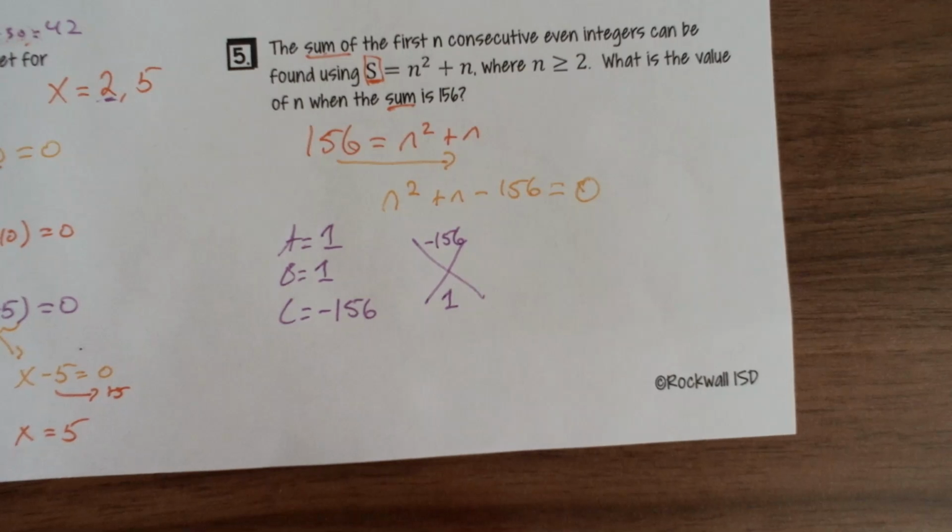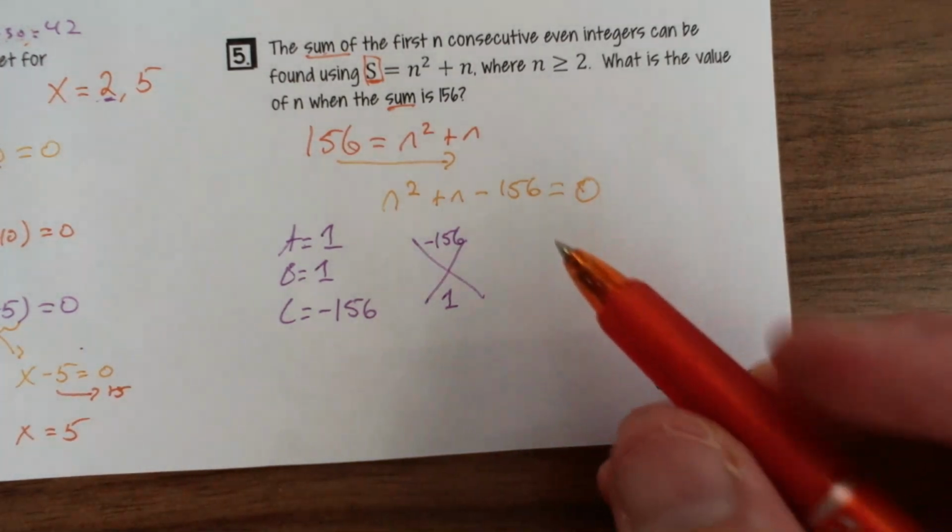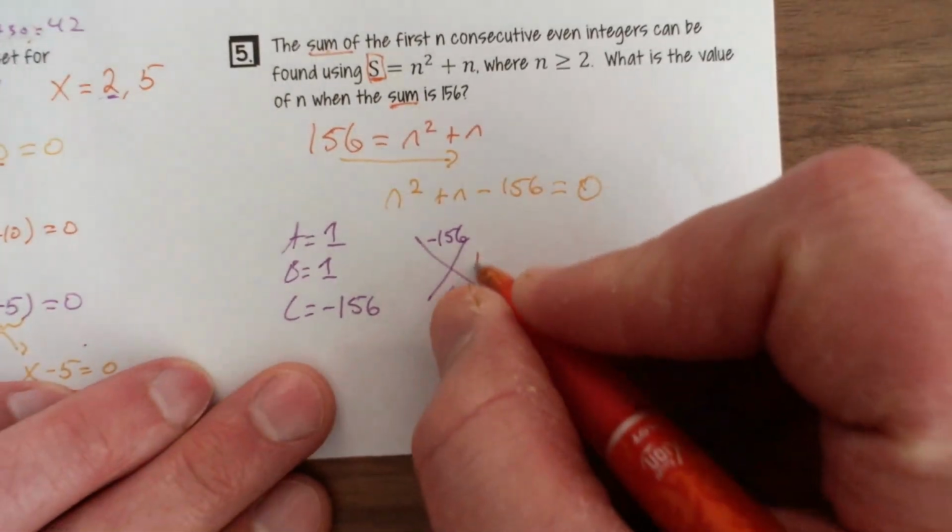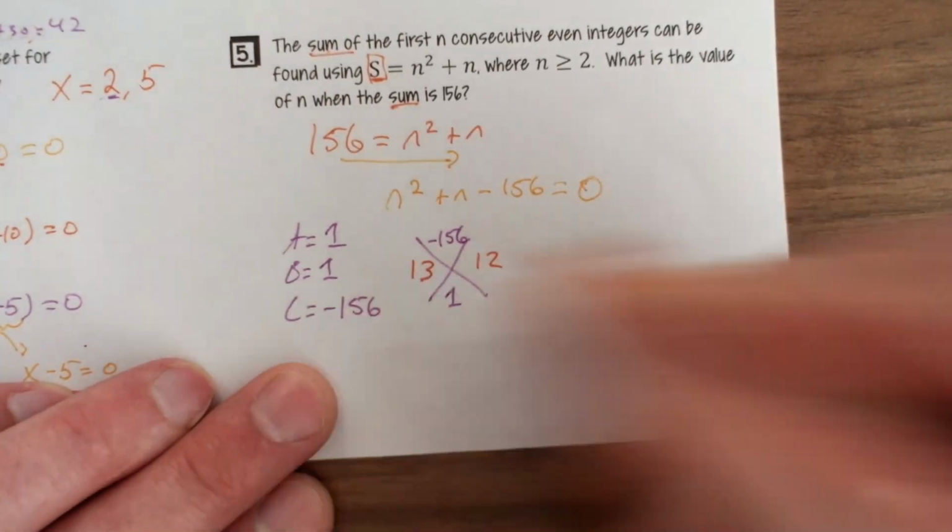So I know it's something not like 10, because 10 times 9 is 90, 10 times 11 is 110. I know it's not 11 because 11 times 12 is, I'm sorry, 132. So that's not going to work. But what will work is 12 and 13.